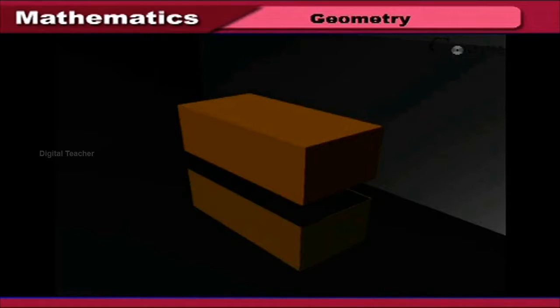3. Fold at DC bar and HG bar such that EF bar of rectangle EFGH coincides with EF bar of rectangle EFBA as shown in the figure. 4.